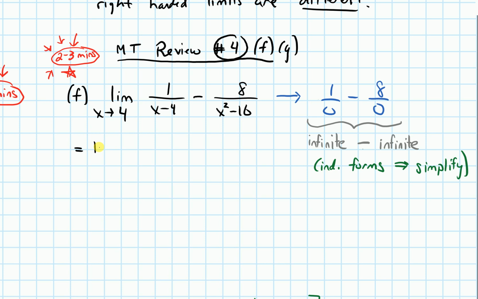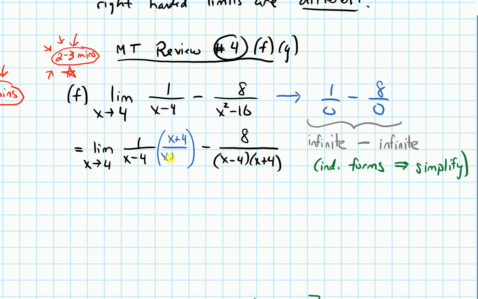Okay, so we have the limit as x approaches 4 of 1 over x minus 4, and we're subtracting two fractions. The way we subtract two fractions is we have to get a common denominator. One thing that's going to help is if I factor this second denominator, it factors as x minus 4 times x plus 4. Seeing that, I only have to multiply the first fraction, top and bottom, by x plus 4.